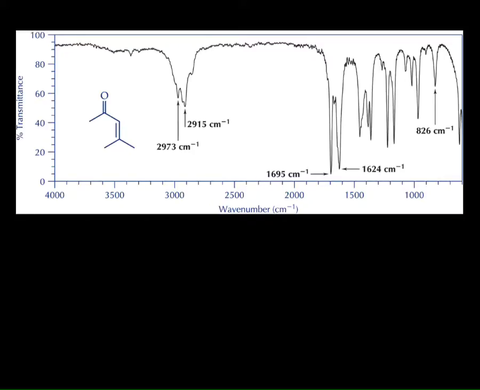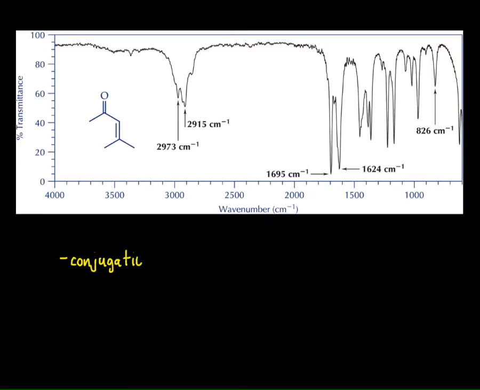And so the electronic environment is set up in such a way that we can actually draw resonance structures placing a negative charge on the oxygen. The result is that we have a carbon-oxygen single bond. And so the carbon-oxygen double bond ends up getting a little bit weaker.